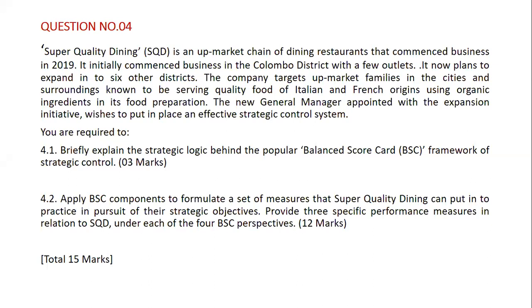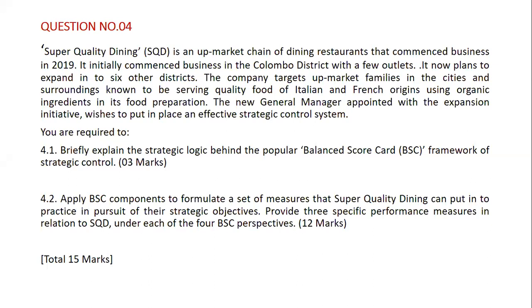Now, please understand this scenario given, then it will be easy for you to relate it to the case context given. So you have a restaurant, Superior Quality Dining, SQD. It's an upmarket chain. Now you have to understand this at strategic level.